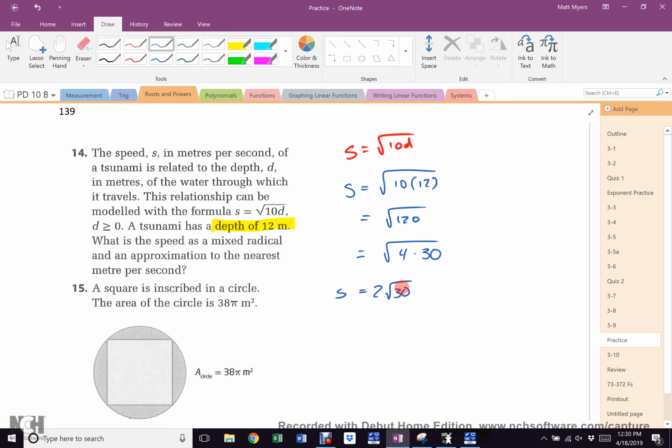No. He or she, I shouldn't assume the cop was a man, says, you're going 80 in a 50 zone. Right? So you would have given me that with your calculator, which is 2 times the square root of 30. Square root of 30, you know for a fact, is slightly more than 5. So your answer should be slightly more than 10.